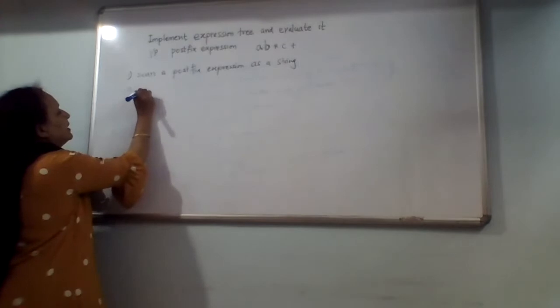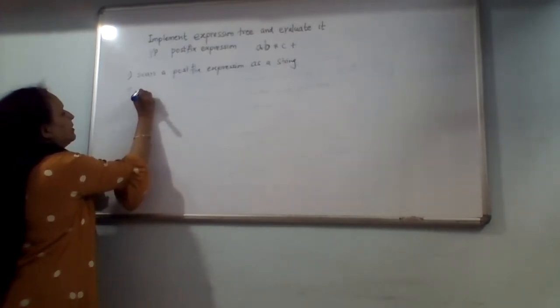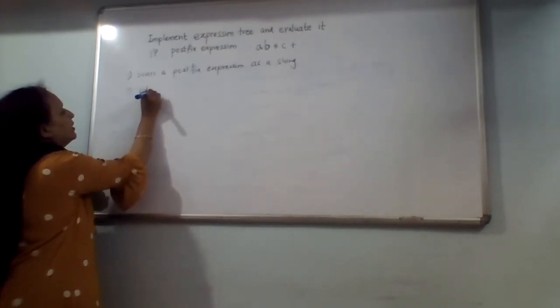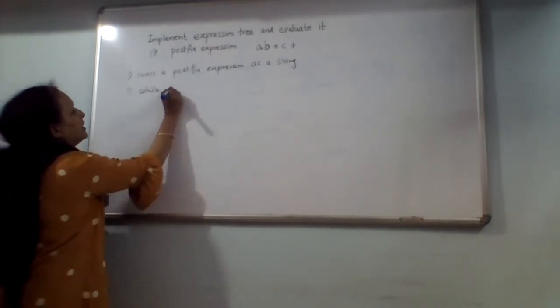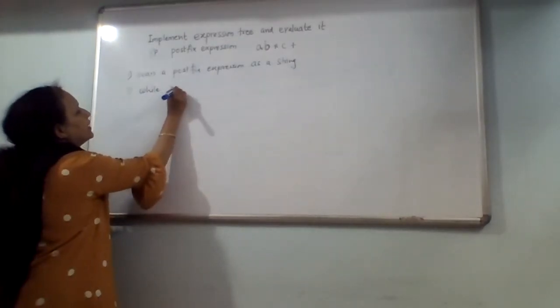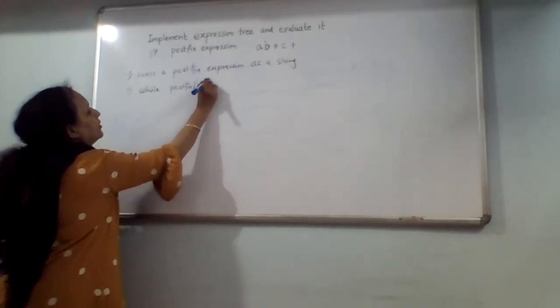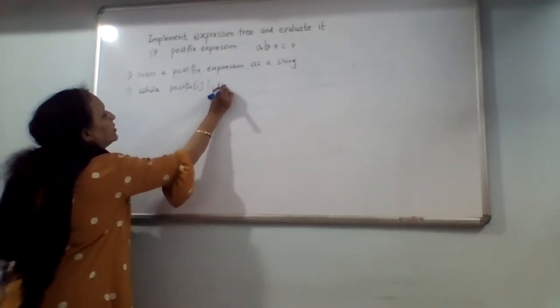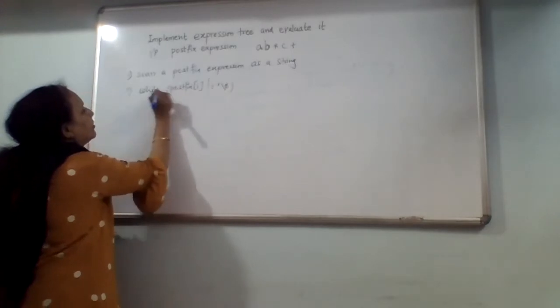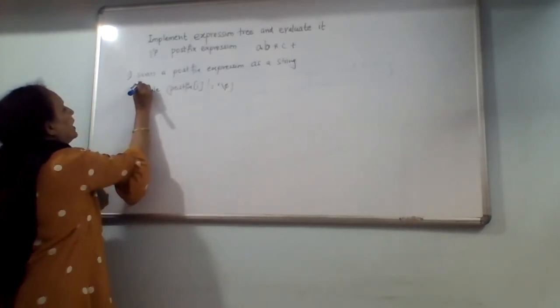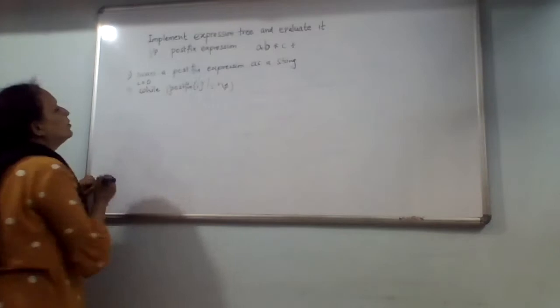So suppose we are taking while not end of string, that is while postfix of I is not equal to backslash 0, we are repeating. Here we are considering I is equal to 0.